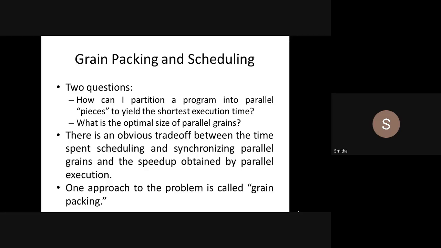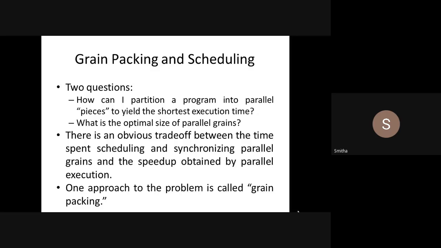First, I divide the program into different partitions. Then I have to schedule them, meaning after this instruction, that instruction will get executed. Scheduling is nothing but order of execution. We will see that in the next slide. So there is a trade-off between the time spent scheduling and synchronizing parallel grains, where synchronization means communicating with each other, and the speedup obtained by parallel execution. All of these things are related here.